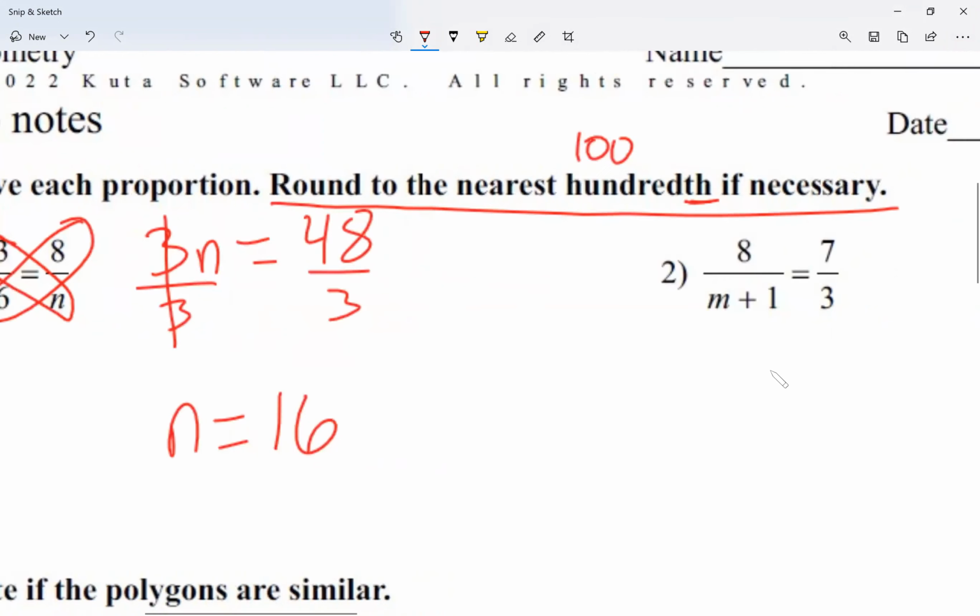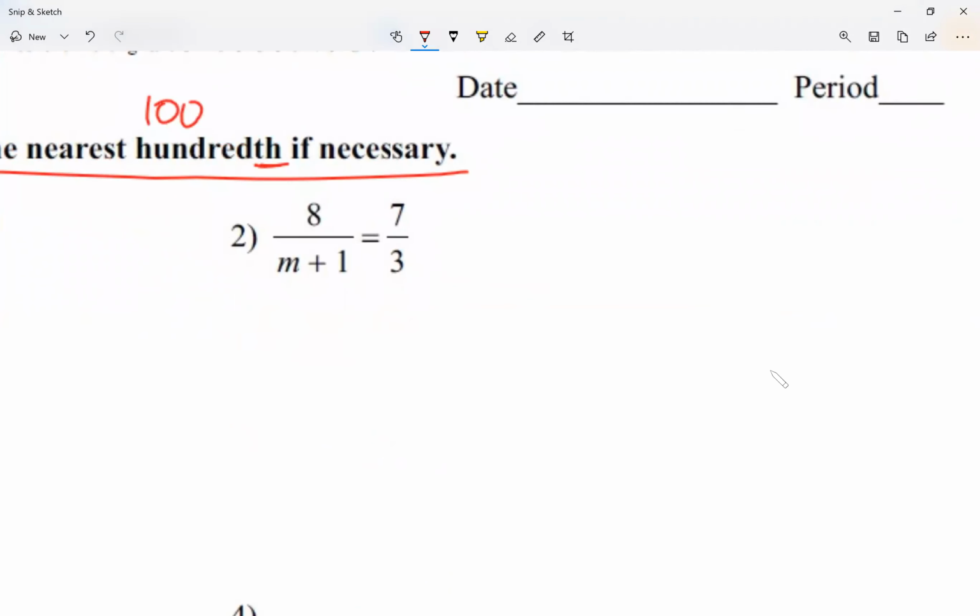Okay, let's take a look at question number 2. We're going to cross multiply in order to get rid of fractions. We multiply this way. Now, m plus 1 times 7. Because there's a plus as part of our fraction, I'm going to go 7 times m and 7 times 1.